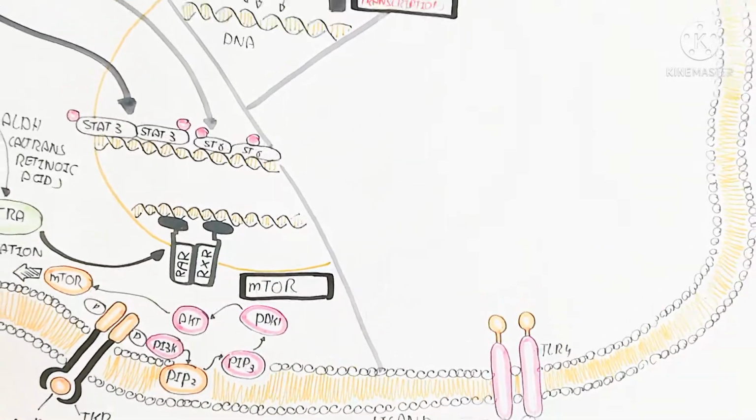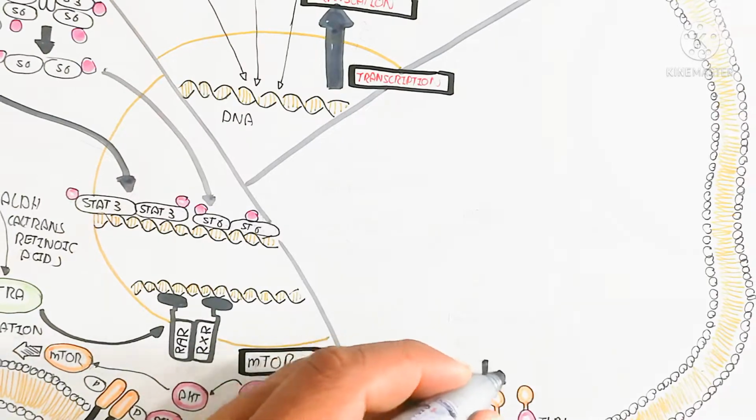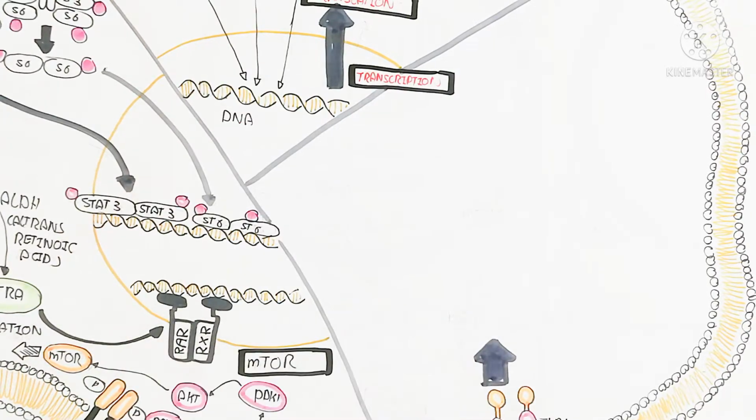So here is a ligand, the necrotic factor kappa B, and the receptor is toll-like receptor 4.